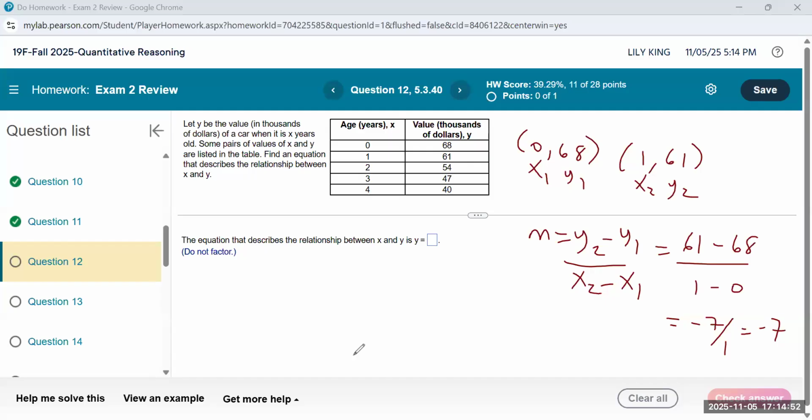When x is 0, the corresponding y value is your y-intercept. So on this table, when x is 0, the corresponding y, which is 68, is our b, or the y-intercept. So our equation here is y equals negative 7x plus 68.